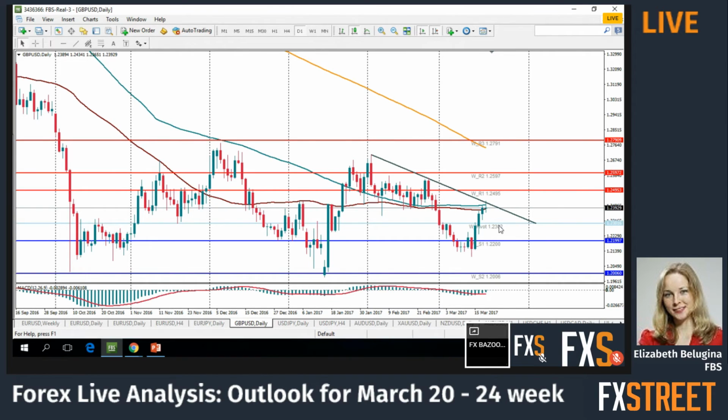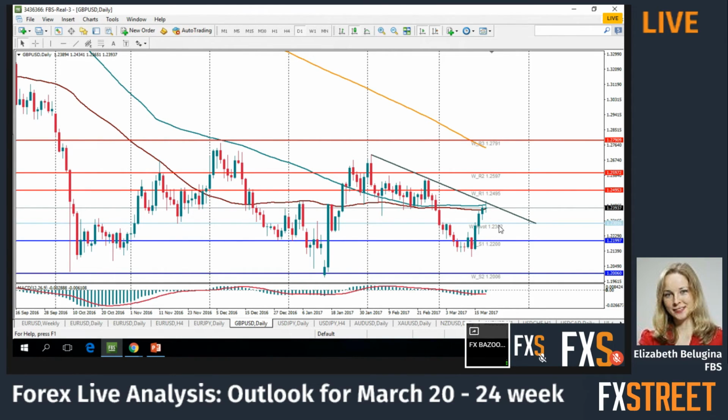Of course, I think that we'll see a weaker pound on this triggering of Article 50. Despite the fact that much has been priced in already in the British pound, still such an unprecedented event as the start of the nation's formal exit from the European Union will likely draw some sellers to the pound.